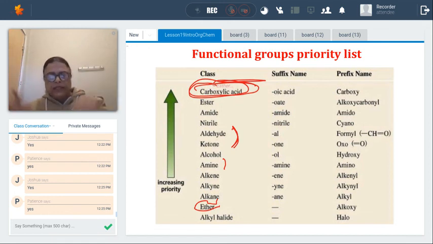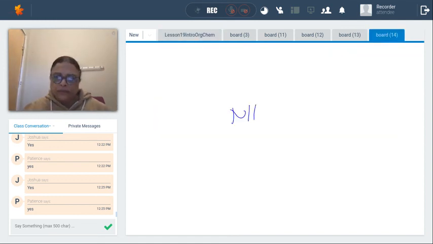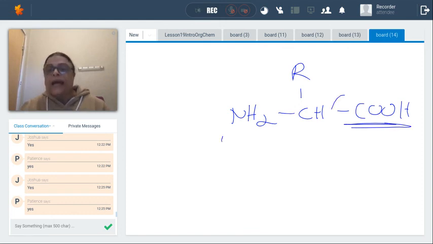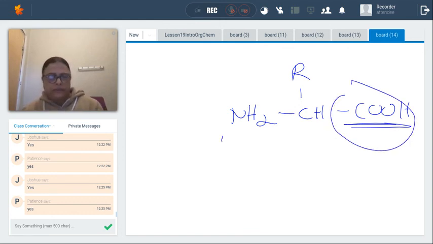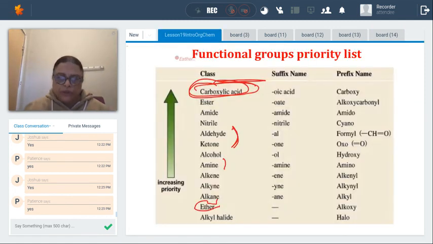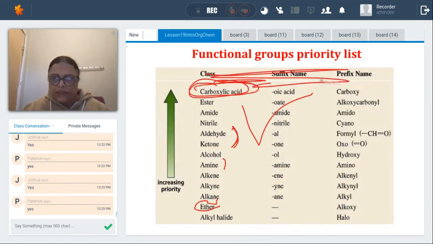The carboxylic acid has the highest priority. That is the reason when you have an amino group and an acid, this is an amino acid. It is an acid with a nitrogen and not an amine with a carboxyl. We will talk all about this priority list in the near future.